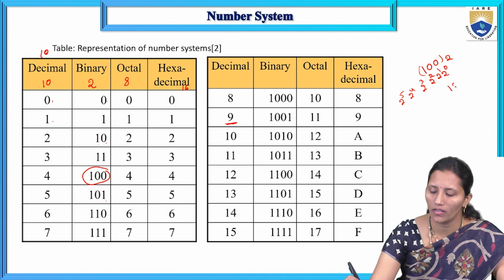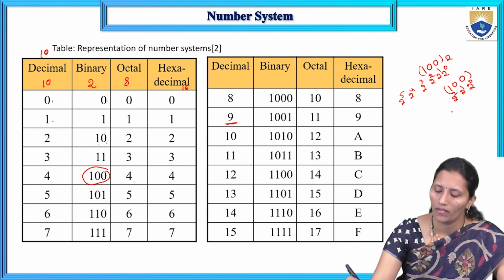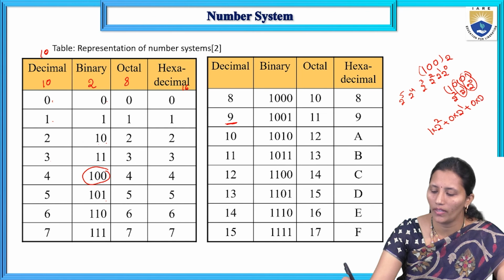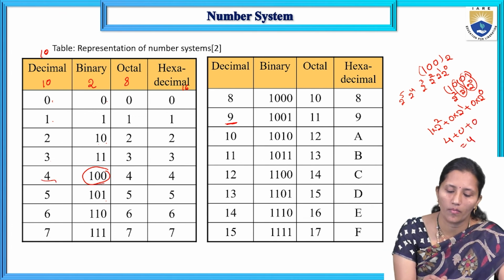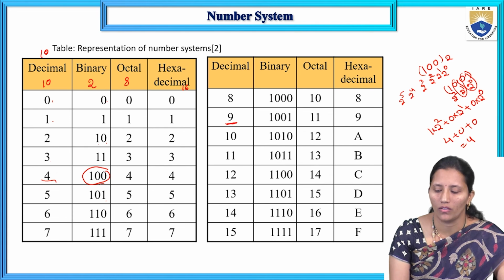So, for 1, 0, 0, it is 2 power 0, 2 power 1, 2 power 2. That is 1 into 2 power 2 plus 0 into 2 power 1 plus 0 into 2 power 0. That is 4 plus 0 plus 0. That is 4. So, the 4 is represented by 1, 0, 0.